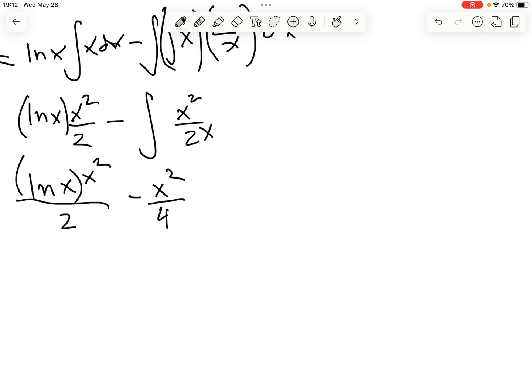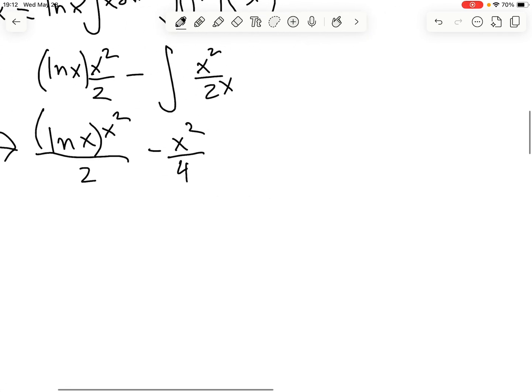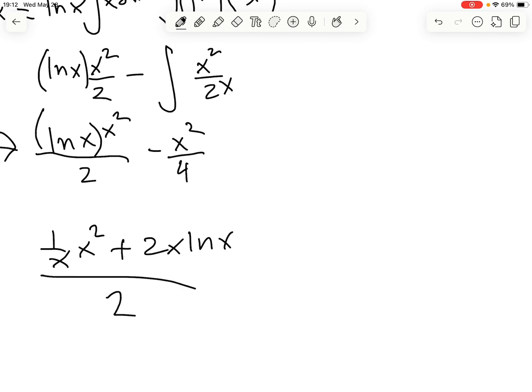So first of all, that's going to be ln x times x squared, so using the product rule, if we differentiate this, that's going to be equal to (x plus 2x ln x) all over 2, and then minus 2x over 4.